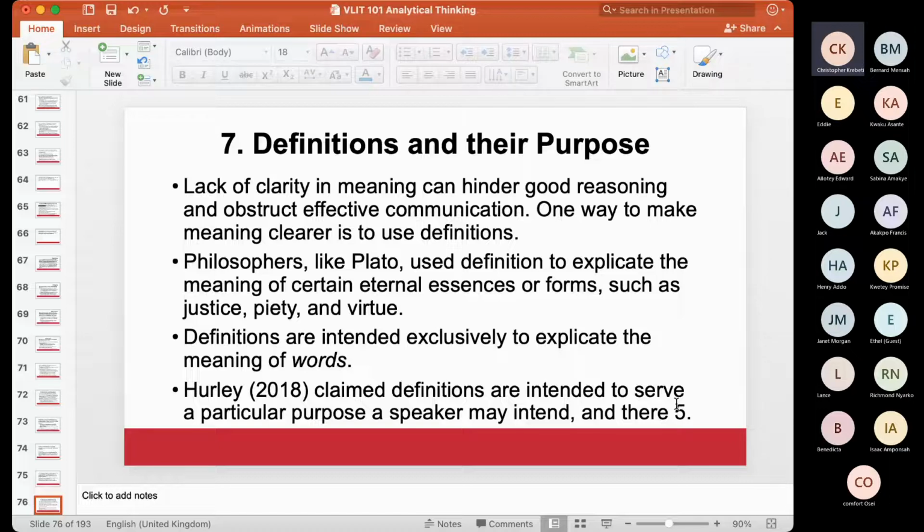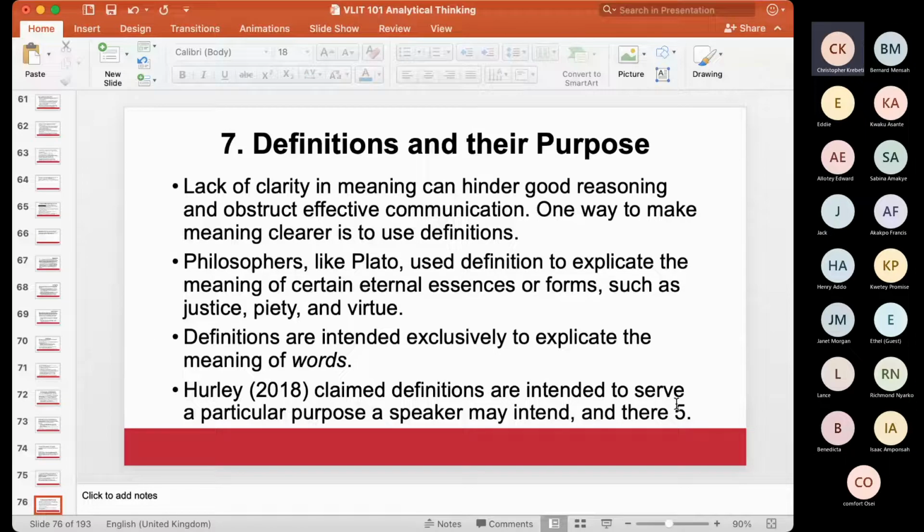So this is the reason why we have to define words. Lack of clarity in meaning can hinder good reasoning and obstruct effective communication. One way to make meaning clearer is to use definitions. Philosophers like Plato use definition to explain or explicate the meaning of certain eternal essence of forms, such as justice, piety, and virtue.